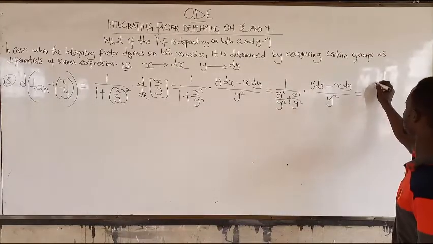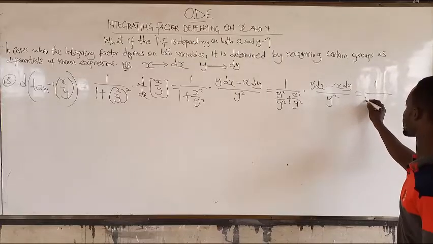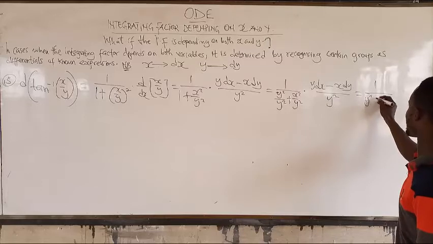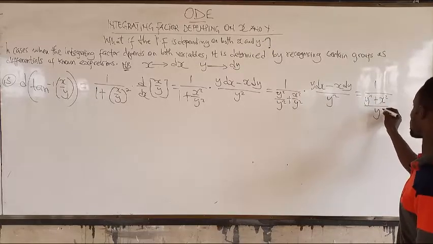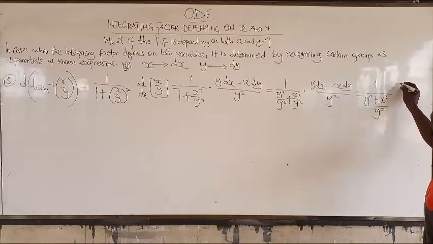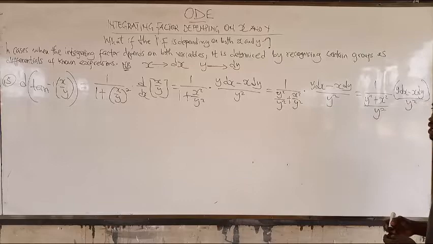This here we're going to get 1 over, I don't want to skip anything, y squared plus x squared, the whole of this over y squared. So we get y dx minus x dy, all this over y squared.